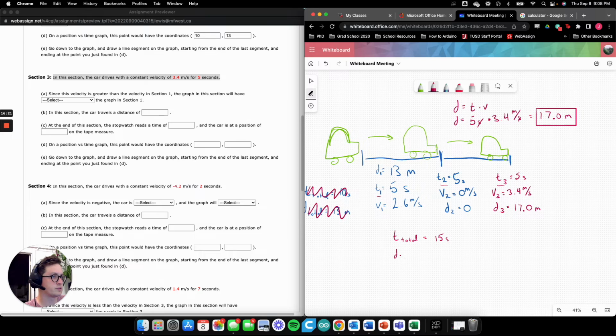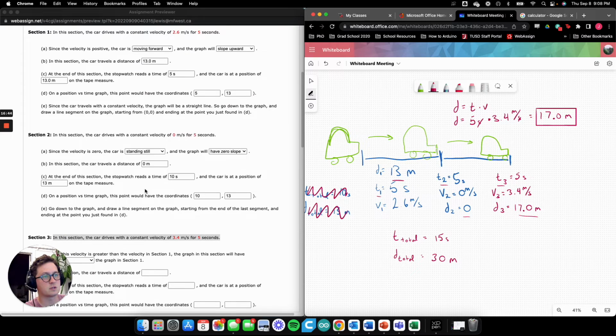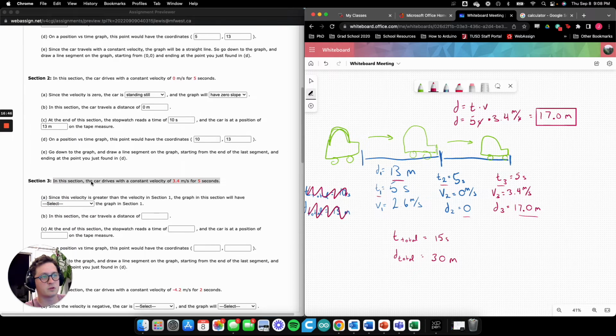And the total distance is 13 plus 0, which is still 13, and 13 plus 17 is 30. 30 meters total.